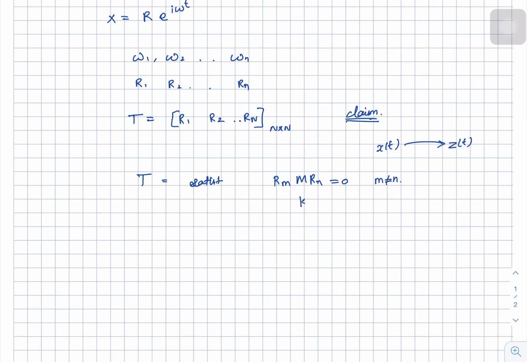Similarly for K, r_m transpose K r_n equal to 0, m not equal to n. If this condition is satisfied, then we can say this associated matrix T is the transformation matrix, which will transform natural coordinates to normal coordinates and back.